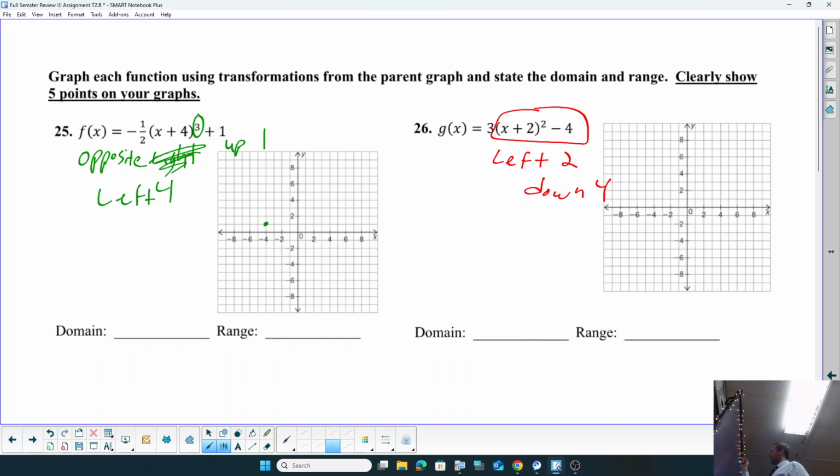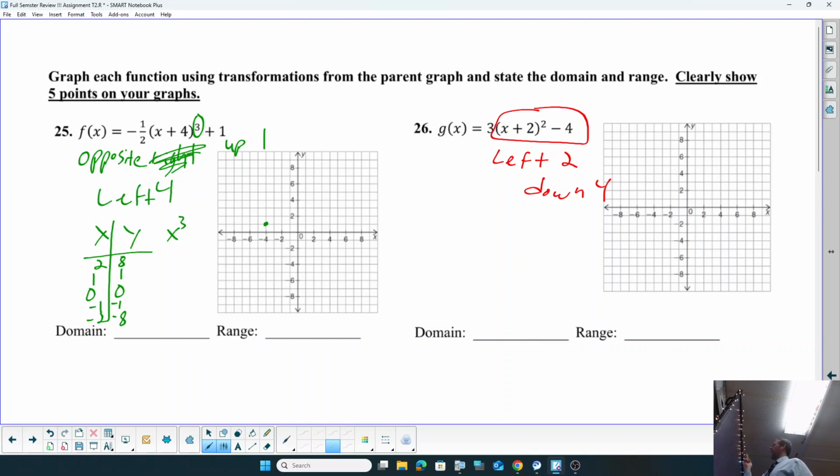Now remember the third root, you guys. If you do an XY table for the third root, it goes 0, 0, 1, 1, 2, 8, negative 1, down 1, and then negative 2, negative 8. So that's the parent function of x cubed.